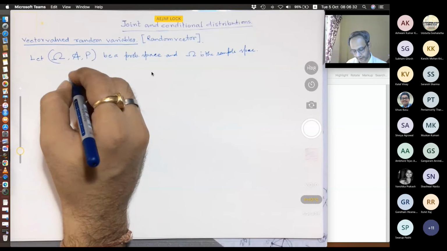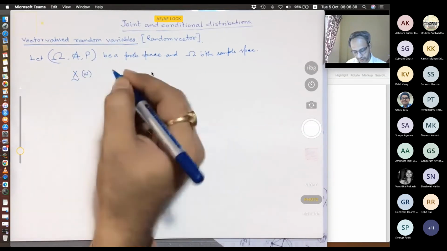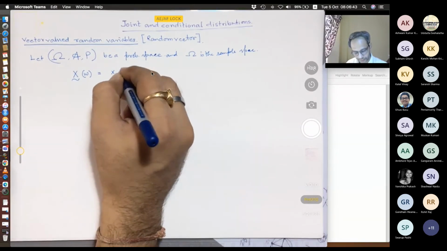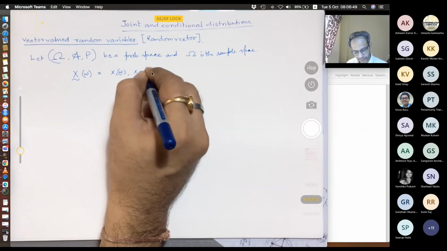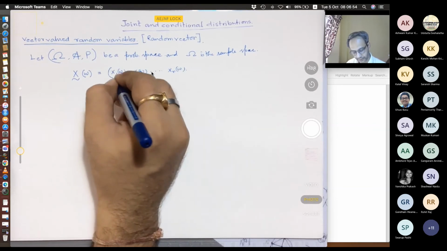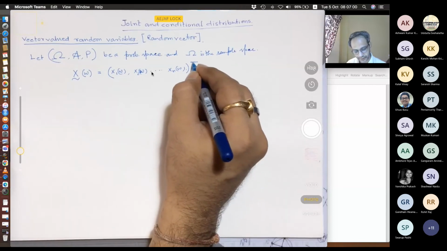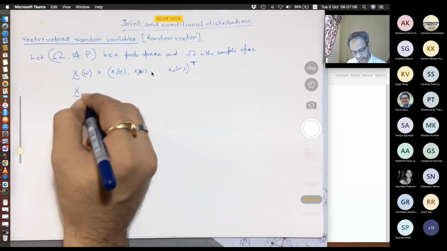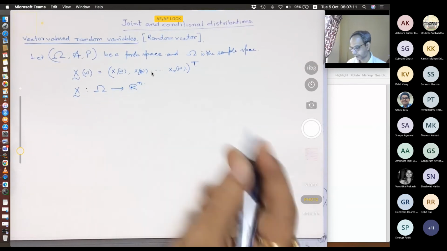Now you have X vector acting on omega, which is say X1(omega), X2(omega), in this way X_n(omega), an n-component vector you will get. That's why I have written the tilde here, X-tilde(omega). So that means this X vector is a mapping from omega to R^n. Technically, this is the thing.